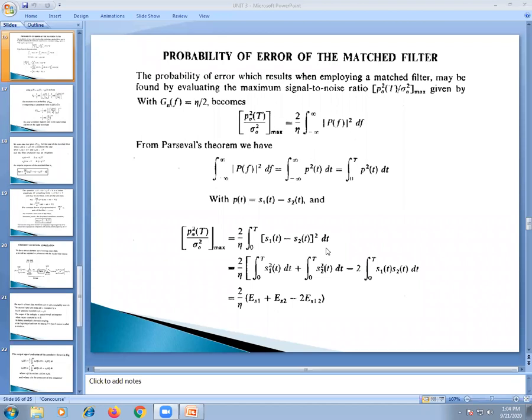This factor is nothing but h of t, known as the impulse response. So P naught of t whole square by sigma naught square maximum is equal to the impulse response. Okay.